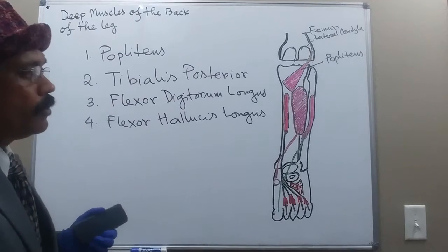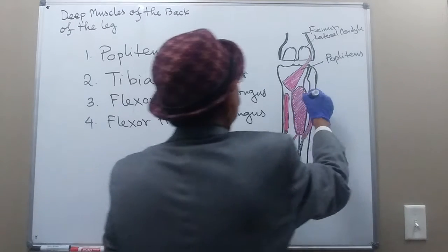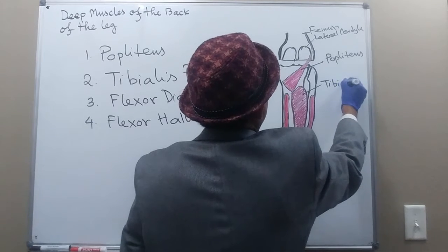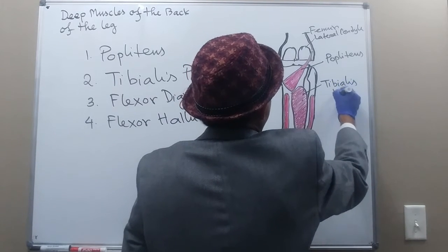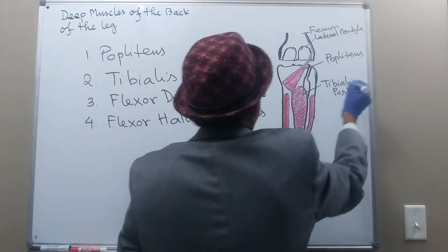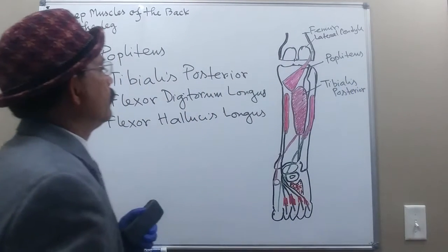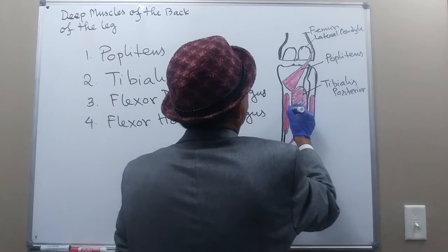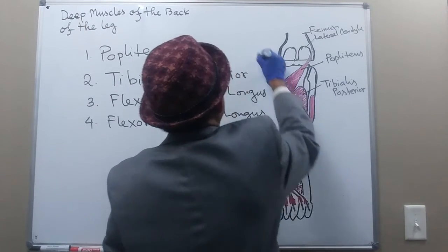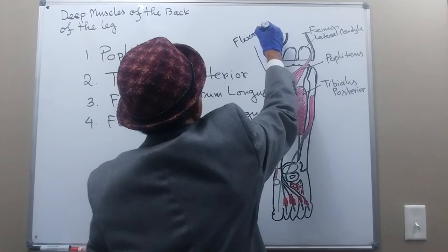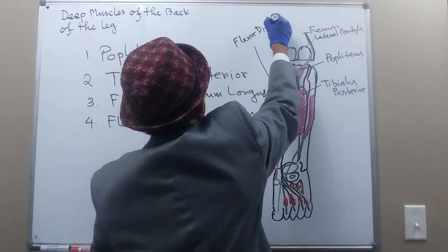Then we get the Tibialis Posterior muscle. We get the Flexor Digitorum Longus muscle.